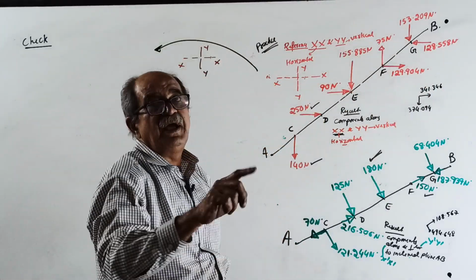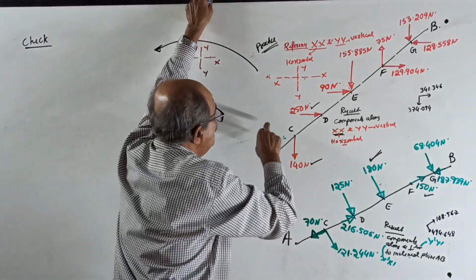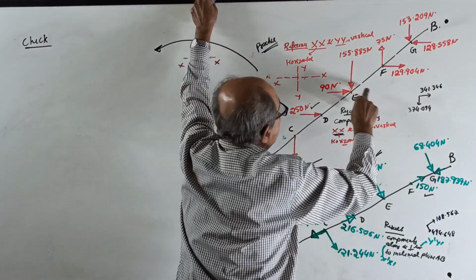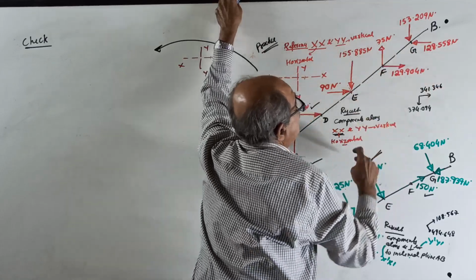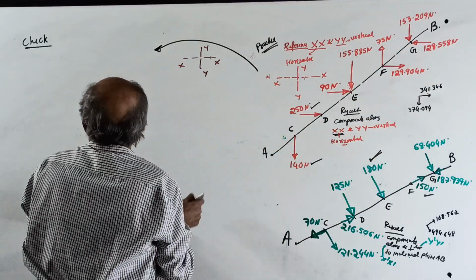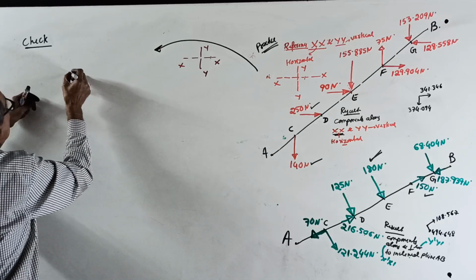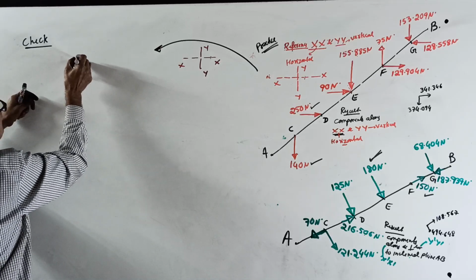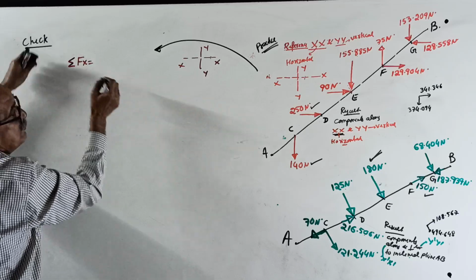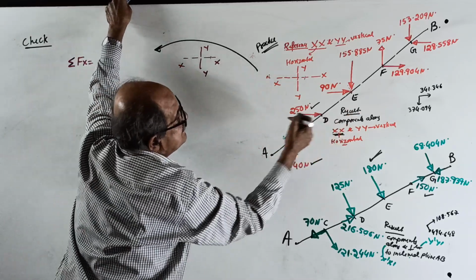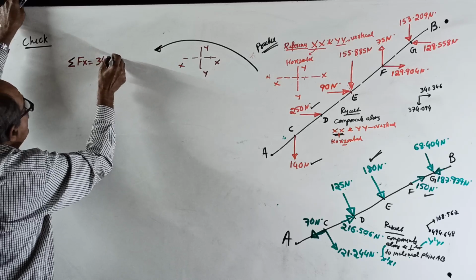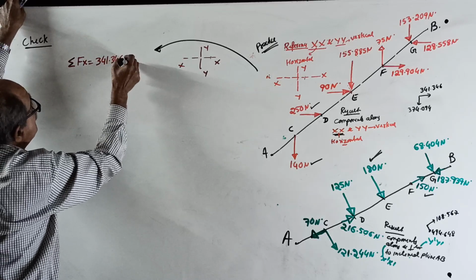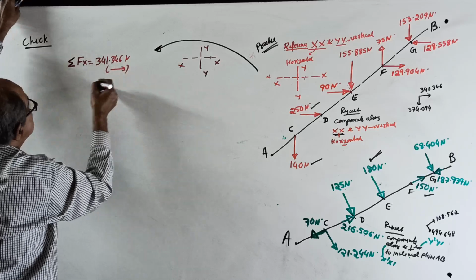If you take right side as positive, plus 250, plus 90, plus 129.904, minus 128.558, the net sigma Fx will come 341.346. Plus 341.346, therefore that much to the right side.